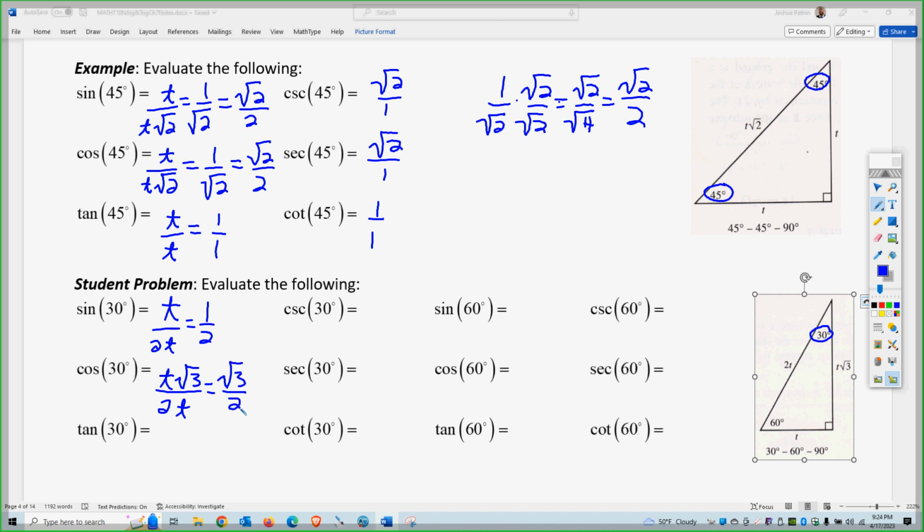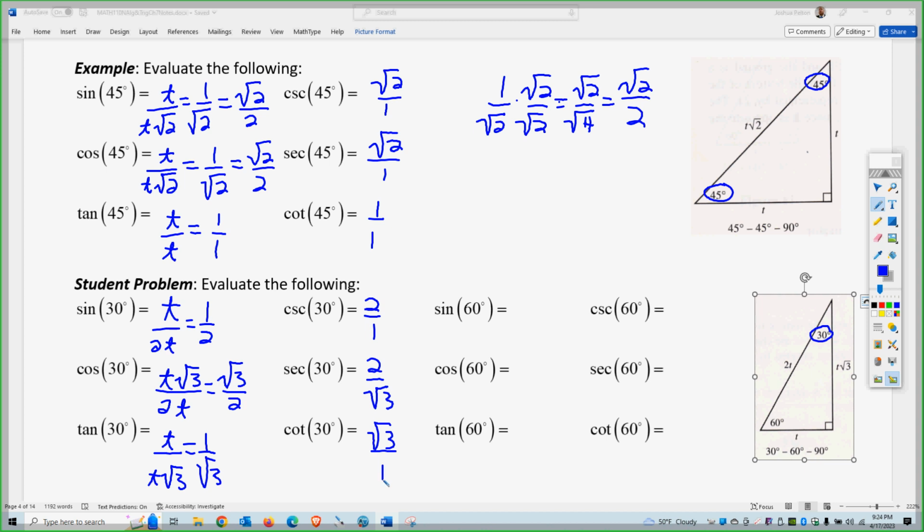And then finally, the tangent is the opposite over the adjacent. So I have 1 over root 3. So if I reciprocate these, I get 2 over 1, or simply 2, 2 over root 3, and root 3 over 1. And again, the books will rationalize those.